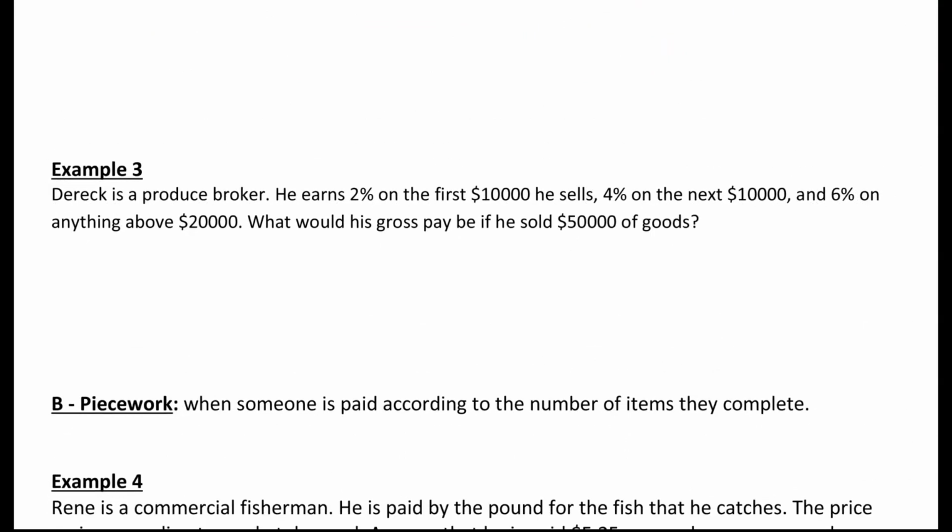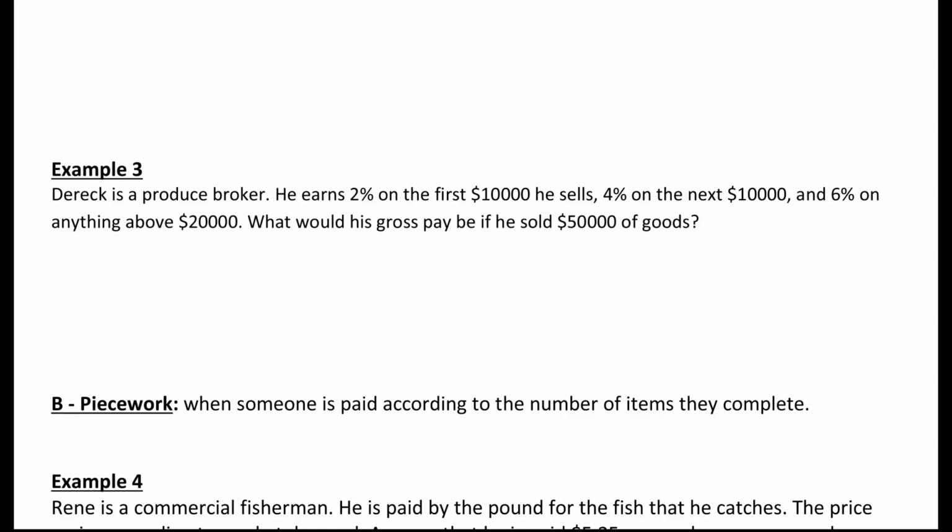Example 3 has a couple of different parts that we're going to look at here. So Derek is a produce broker. He earns 2% on the first 10,000 he sells, 4% on the next 10,000, and 6% on anything above $20,000. What would his gross pay be if he sold $50,000 in goods?